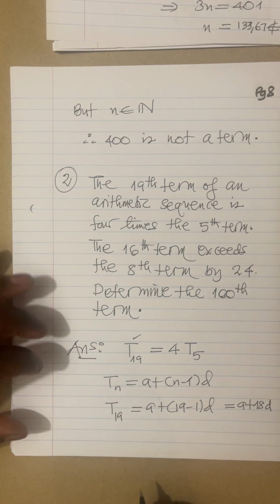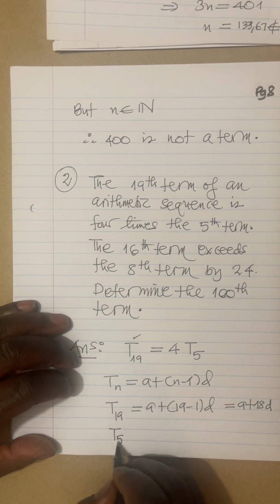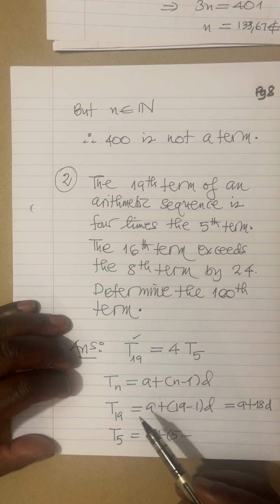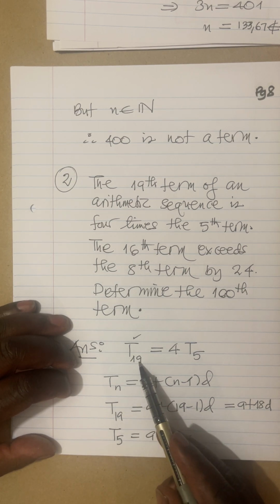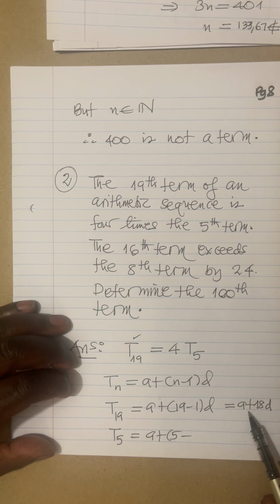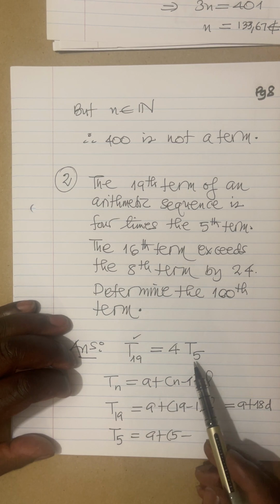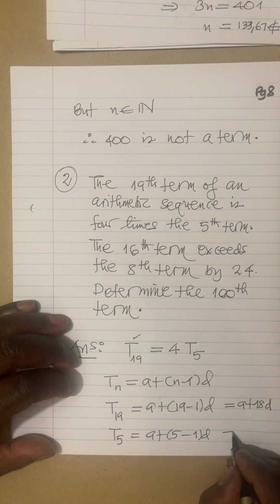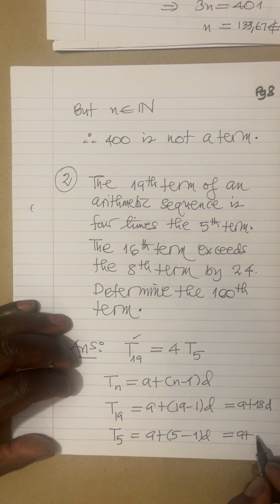Let's come here now. What about term number 5? It's going to be A plus 5 minus 1 times D. Remember, we're substituting the number of terms. This is the number of terms we put here and there to obtain that expression. And then we're going to take 5, put it here and there to obtain this expression here, which is just A plus 4D.